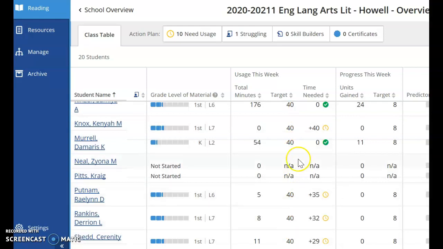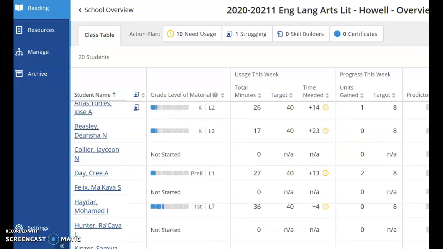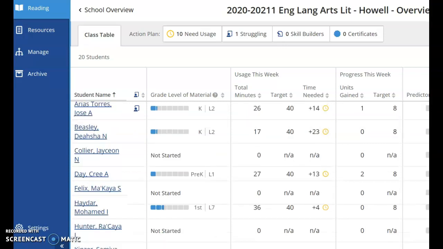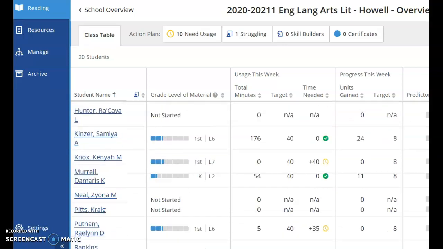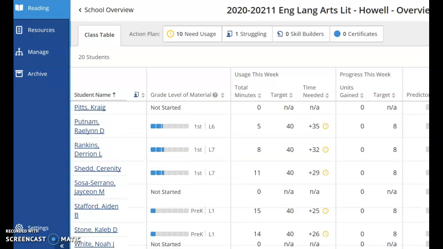This will tell you the target time for each student that will need to be on the program. Now you'll see some students, their target time may be 60 minutes, or 80 minutes, or 20 minutes. It depends on their placement.